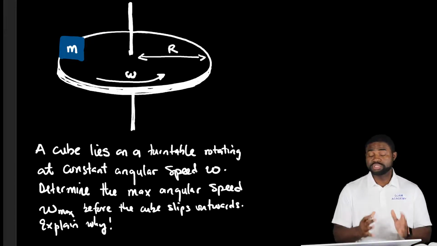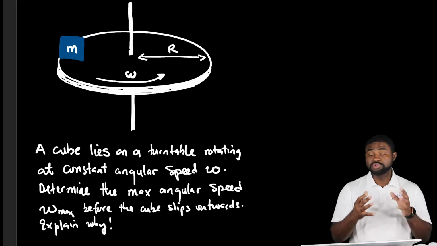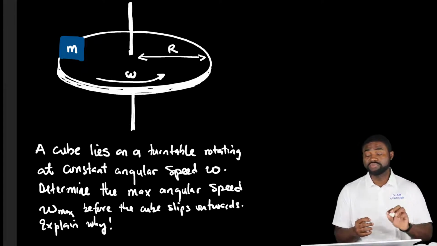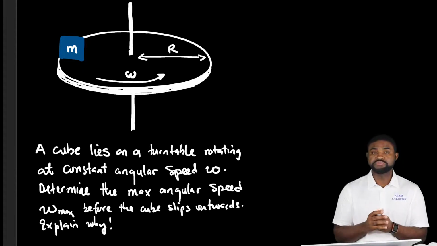And by Newton's second law, for a system to have an acceleration, there must be a net force acting on that system, and the direction of the net force is the same as the direction of the acceleration of the object. That means that the net force acting on the cube is directed towards the center of the circle.